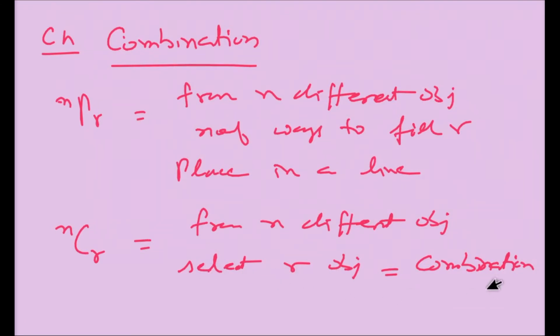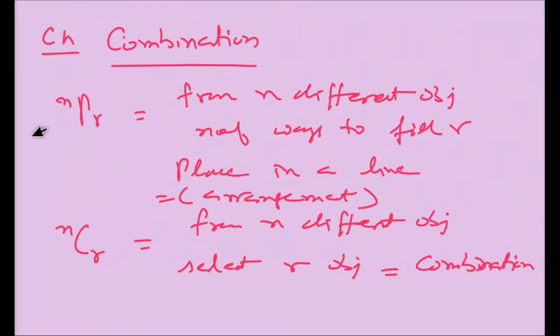Selection is combination and arrangement is permutation. This way you have to understand this difference. In n different objects, you have to select r objects, that is the combination.